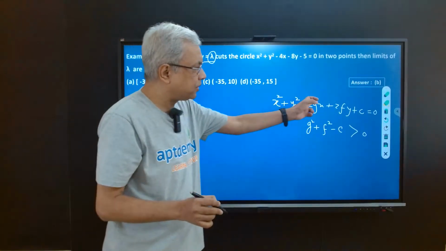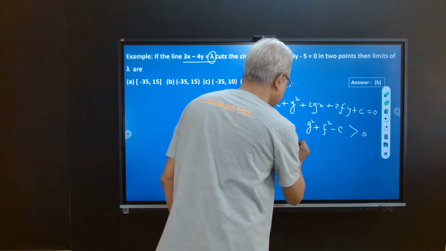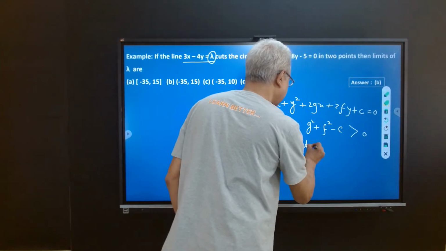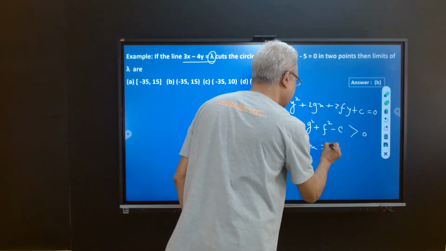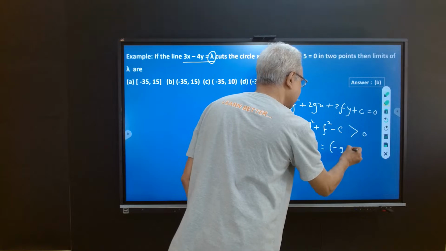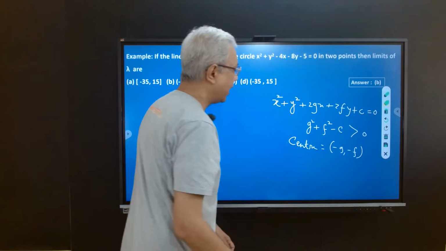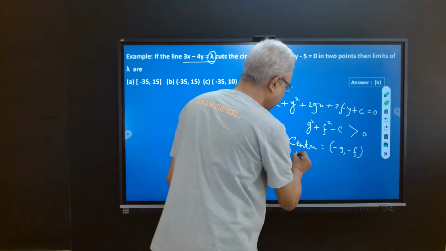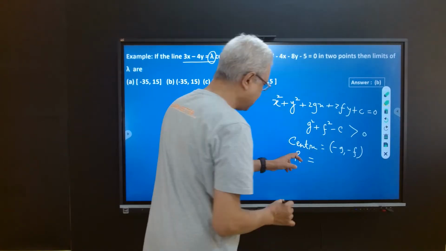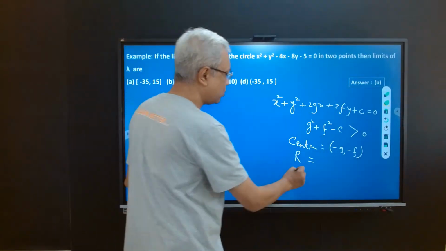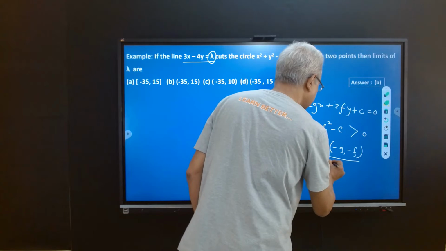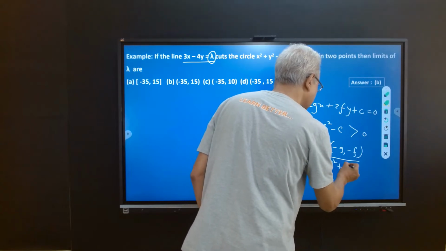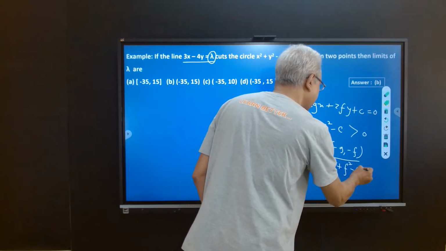And if it represents a circle, then the center of the circle is (minus g, minus f), and the radius of the circle is square root of g square plus f square minus c.